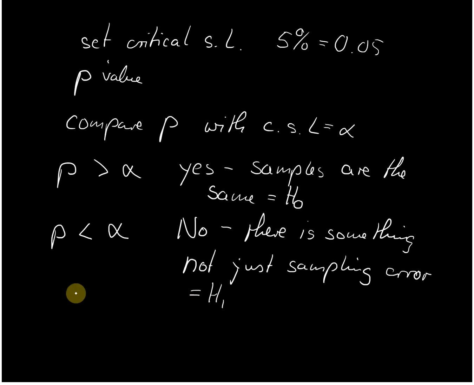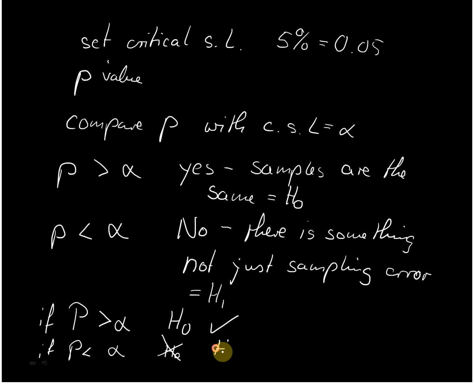So what we can say is if p is larger than alpha, we are happy to accept our null hypothesis. If p is smaller than alpha, then we cannot accept our null hypothesis. We have to say that the alternative hypothesis is valid.